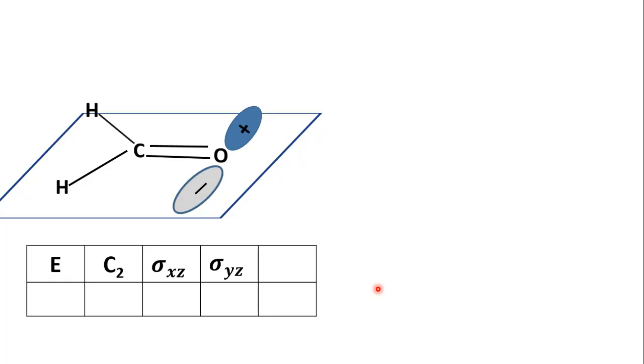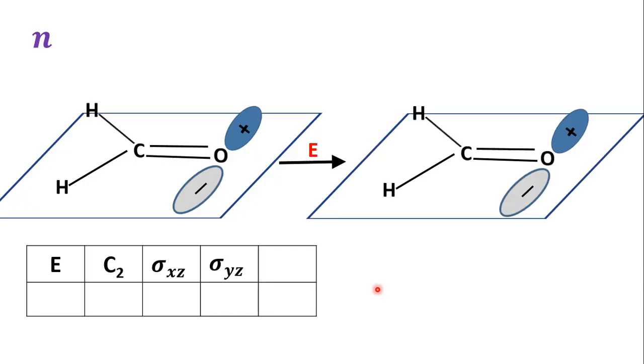We will apply the symmetry operations E, C2, sigma xz and sigma yz to the non-bonding orbital present in the molecular plane over the oxygen atom. When we do the operation E, that is the action of doing nothing, the signs are unchanged, and so the operation is symmetric, and we get the value as 1.